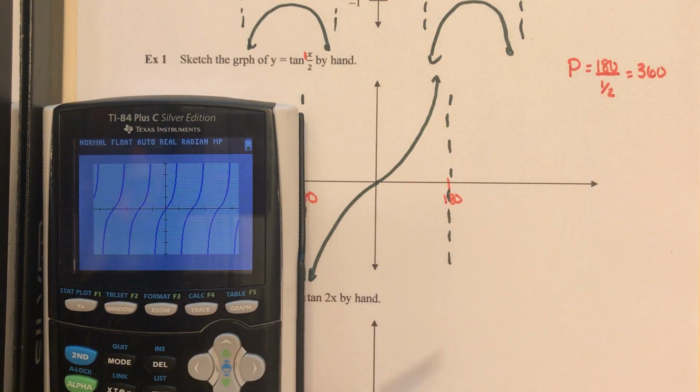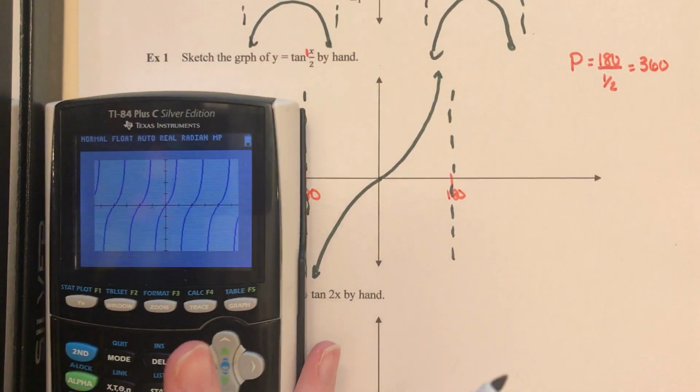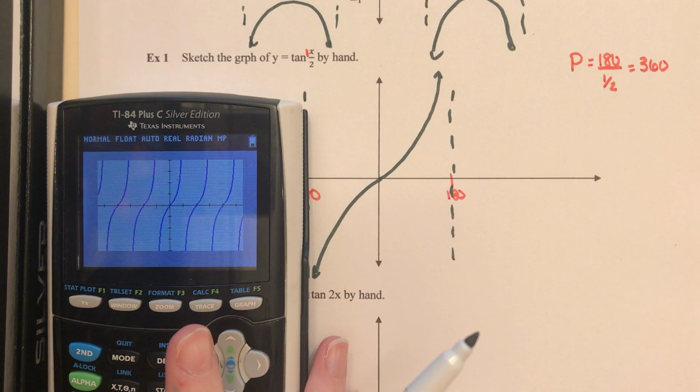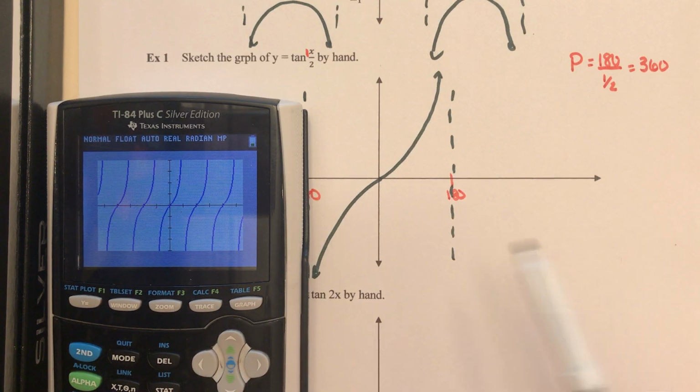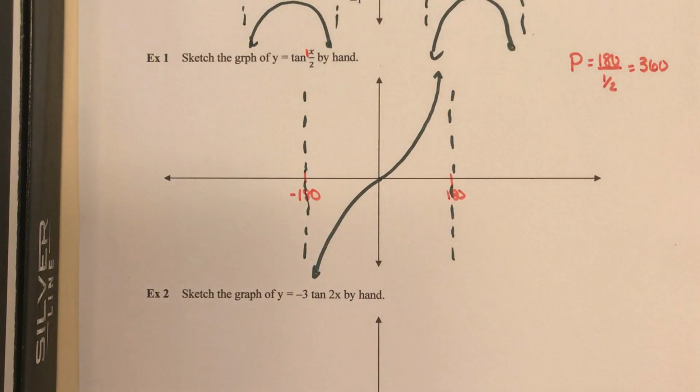When you draw these, you only have to pick one period and do that. But if you wanted to do another period, you could go from 180 to 360. Oops, sorry. 180 to 420, I guess, would be the next one. And then that would be your next period. Okay.